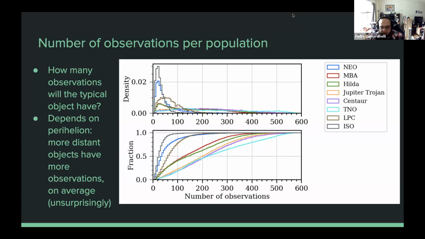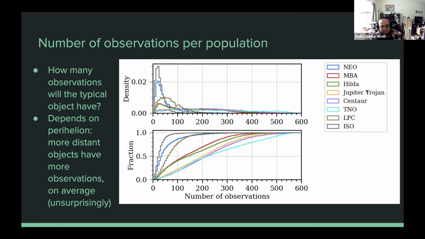Sorry, I got confused here. Anyway, we have lots of observations for these things. And if you look at the other end of the regime, where you have the ISOs, they have the fewest observations, basically because these are transient objects that come and go all the way out to the outer solar system and get too faint to be ever observed again. This is what we have seen, for example, with Oumuamua.